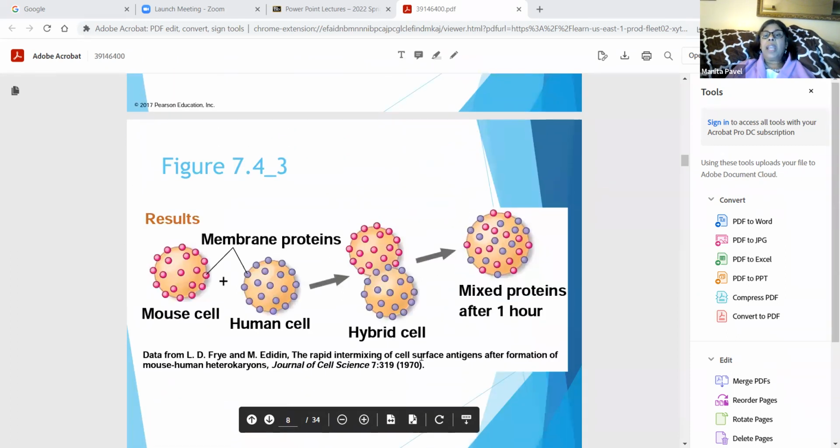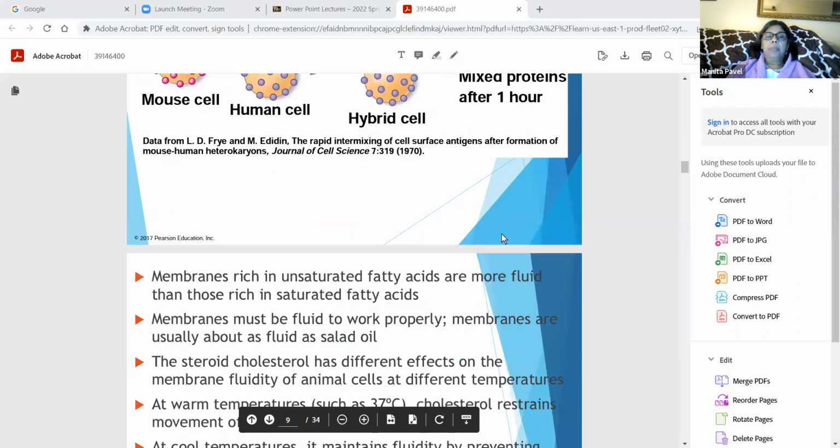After an hour, the hybrid cell has a combination of both mouse proteins and human cell proteins.